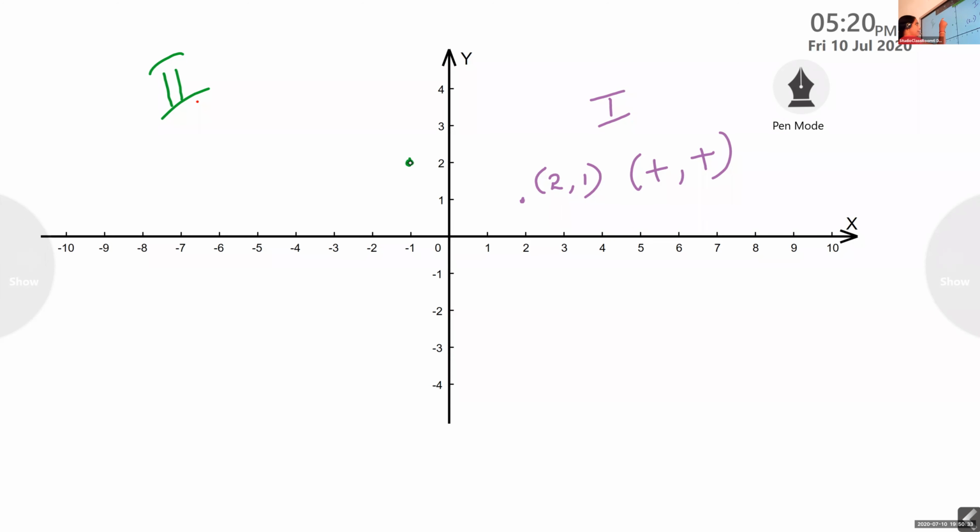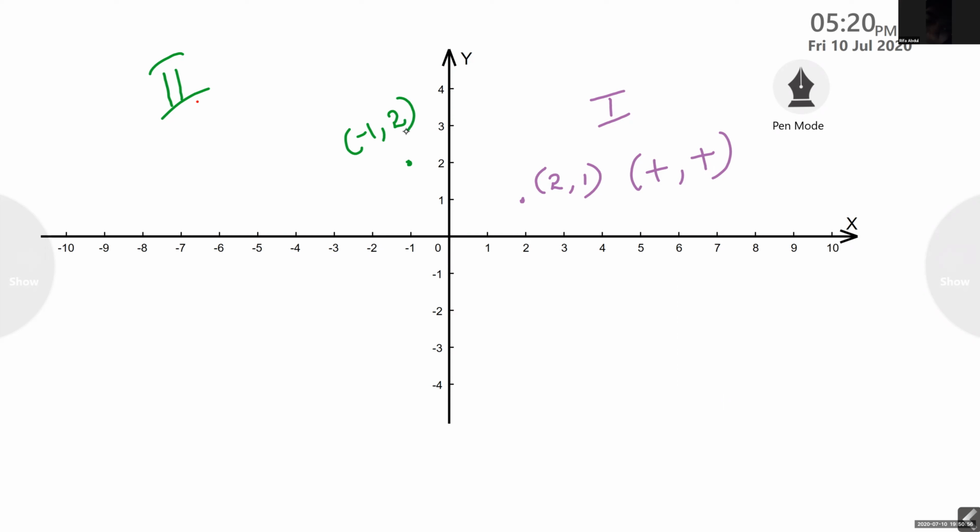First you have to tell about x. -1. And next one, y, 2. So the point is -1, 2. Will you tell the sign of this point?